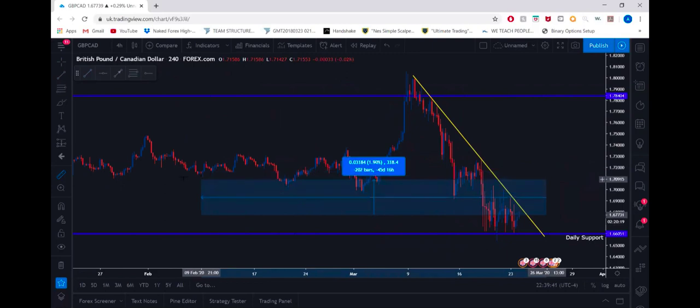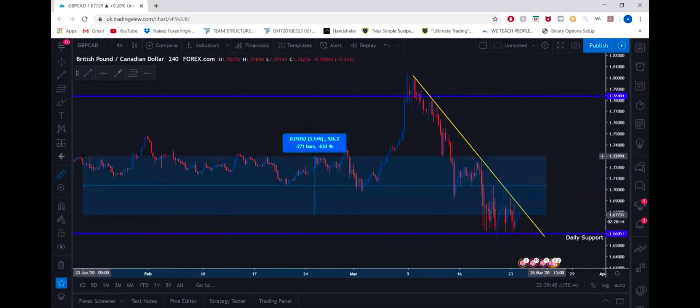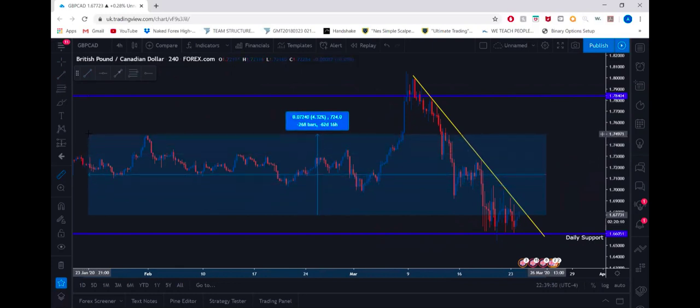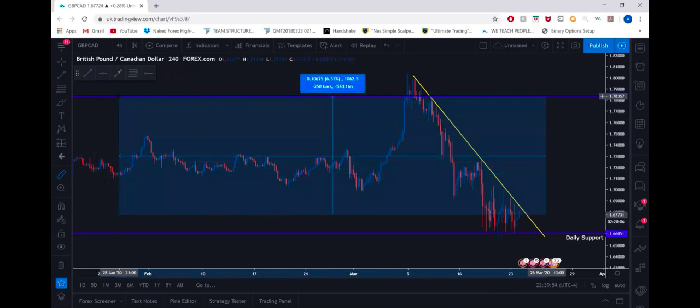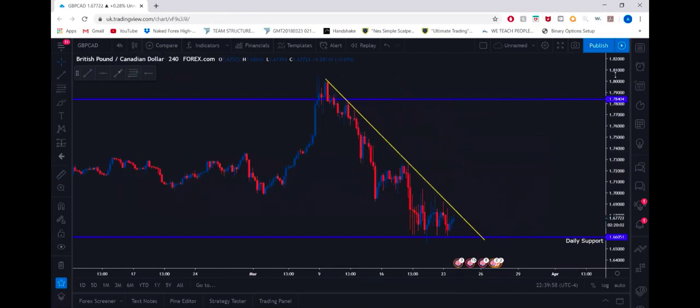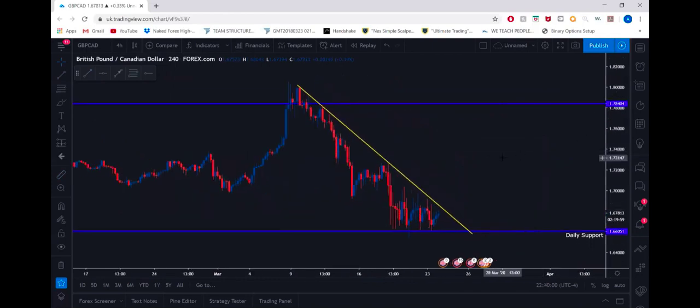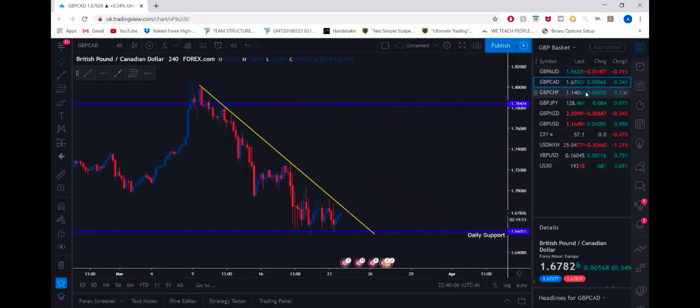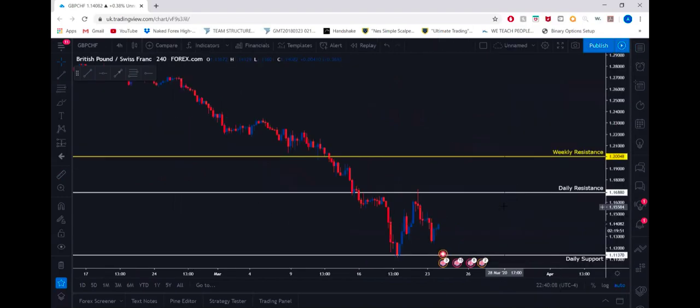The first TP would be 300 pips, and then 540, and then 725, and then if we go all the way up, that would be amazing. A 1,000 plus pip swing trade, right? So just hold on for that. Nothing yet.